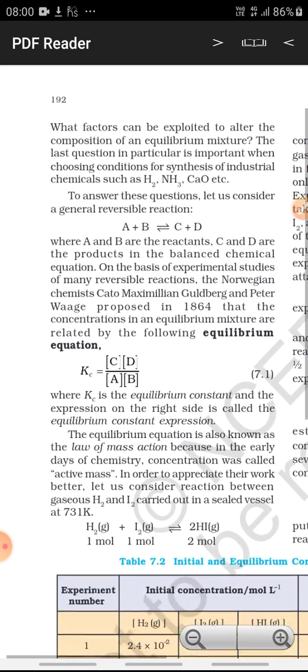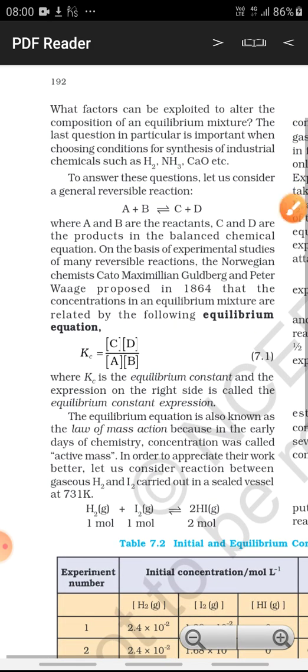Suppose we have a chemical reaction where reactants A and B react together and result in the formation of C and D. Initially, when the reaction starts, we have an appreciable amount of A and B, but C and D are not present. After some time, A and B start reacting and converting into C and D. That means the concentration of A and B is decreasing and that of C and D is increasing.